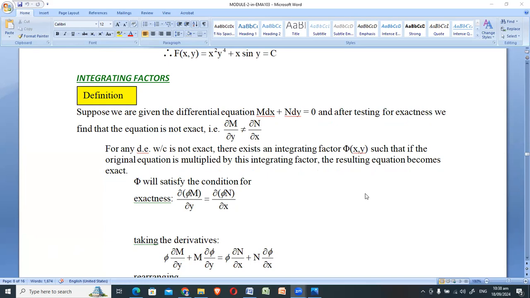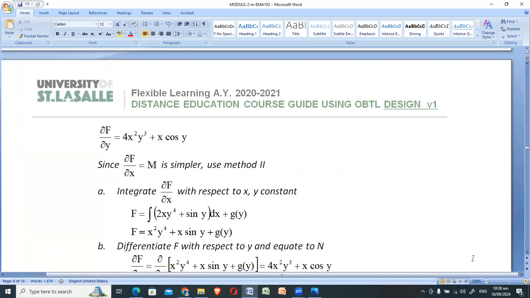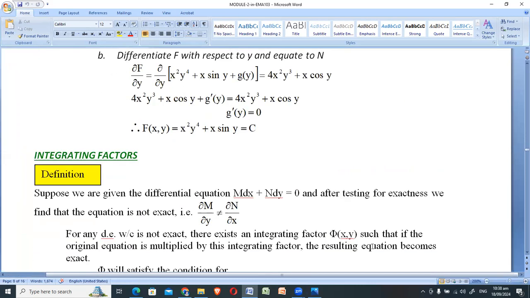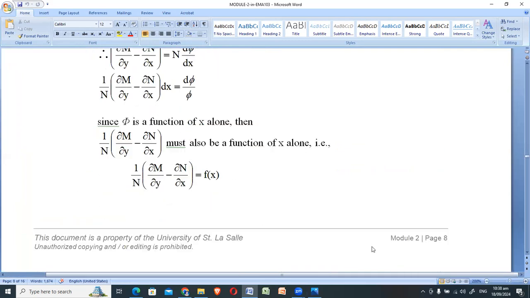So the method of integrating factor allows you to choose from two different formulas as possible integrating factor for your inexact DE in order to make it exact. So the first formula is this. I'd like to show it to you. This one.